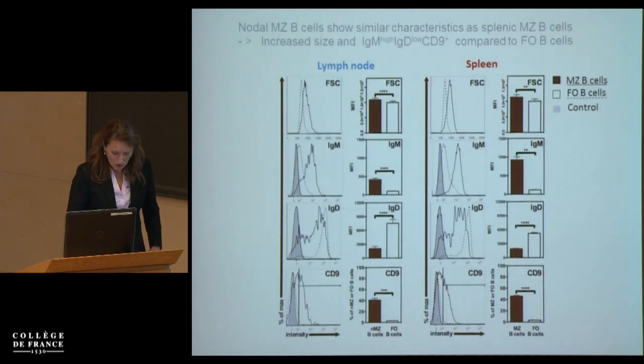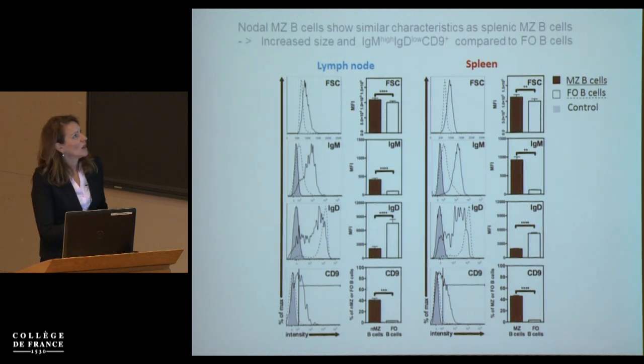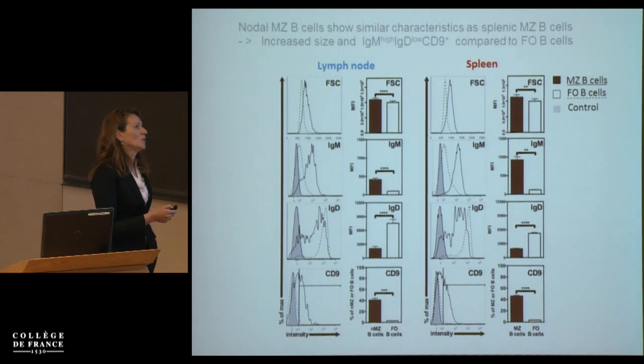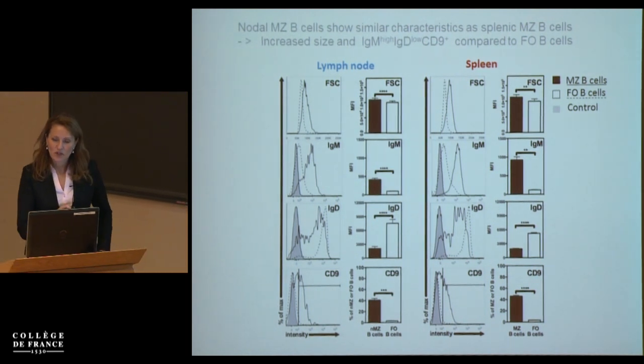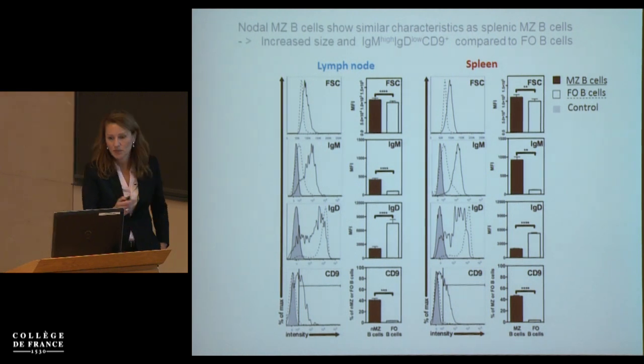And of course, we needed to check if they had the same features as the marginal zone B cells in the spleen. So here we have taken a sample from the same mouse, the spleen and the lymph node, and we investigated them for different expressions. We particularly investigated the expression of markers known to be specific for marginal zone B cells in the spleen, because these are characterized previously.